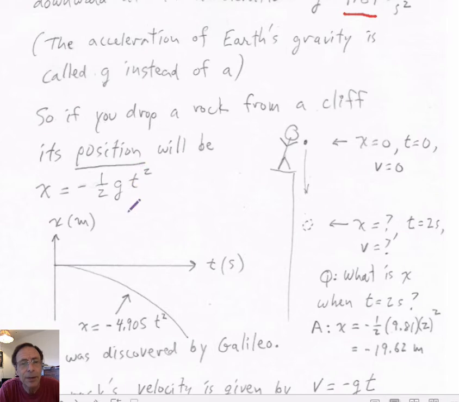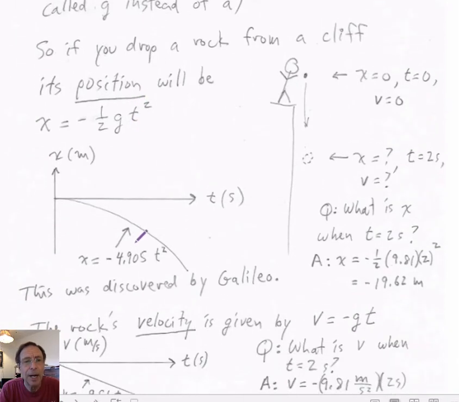Now this is a quadratic, right? It's t squared. So if I make a graph of the position of the rock, here is the instant at which we drop it, and as the time increases, the position of the rock becomes more and more negative, which makes sense, right? It's falling in the negative direction. This number here, 4.905, I got that by taking 9.81 and dividing by 2.